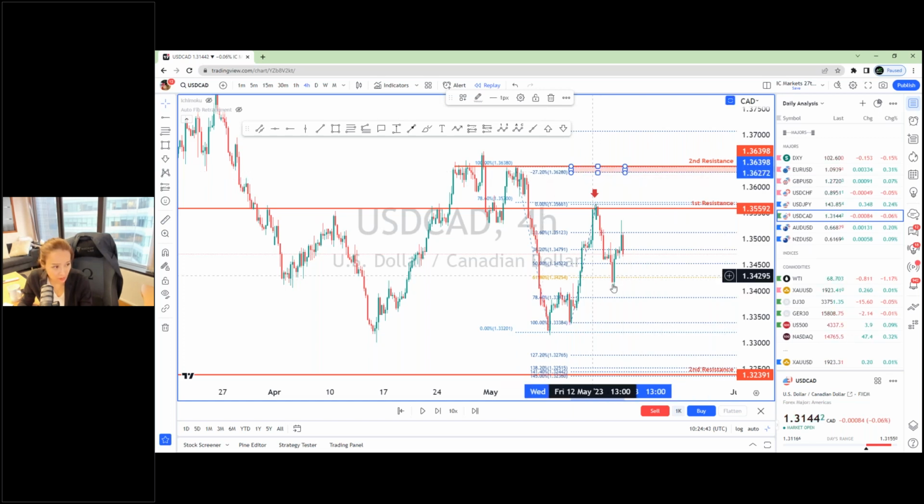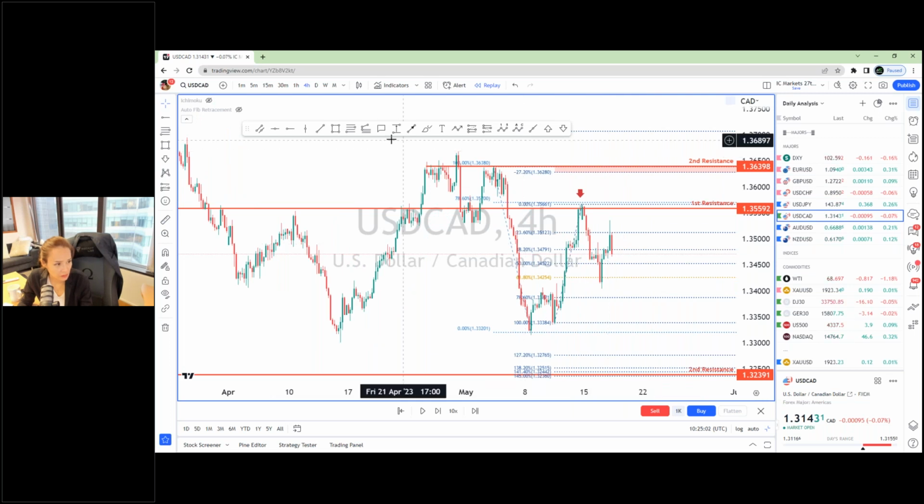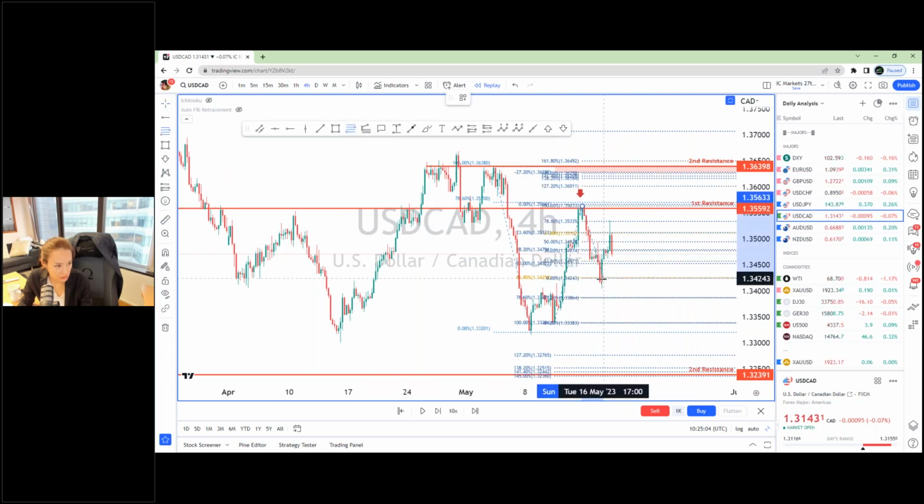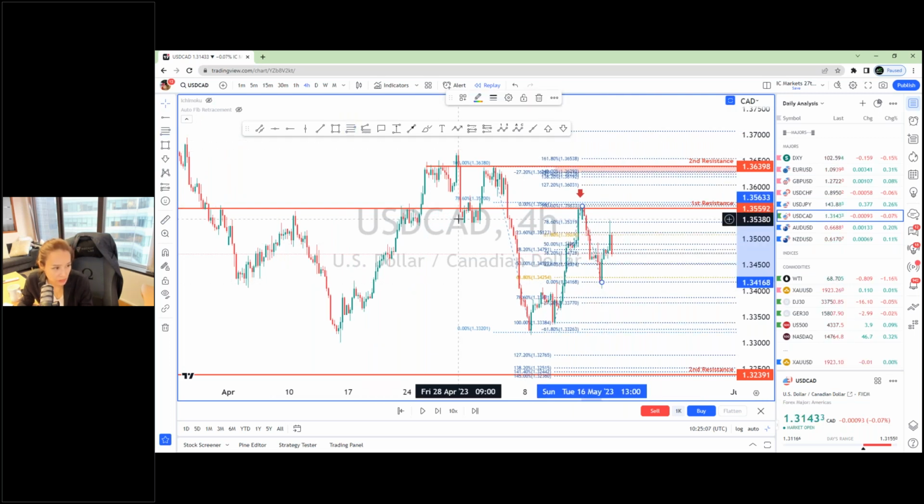Because from here to here price has already retraced more than 50%, so I can use the negative 27.2% expansion. Okay, this is what I draw, and from here you can use it to help you get the level.